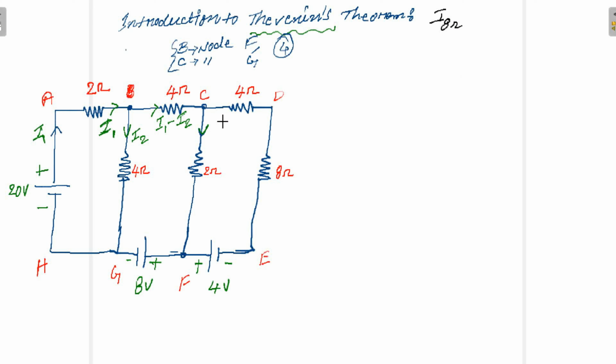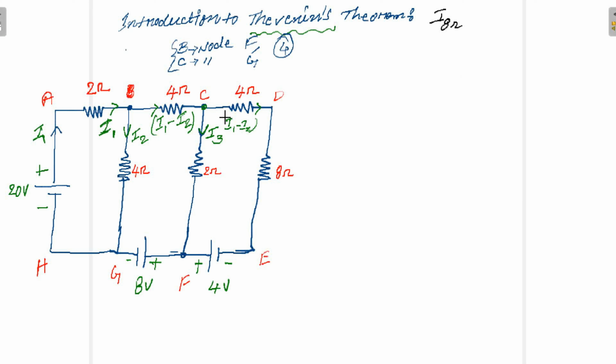You can consider I3 here also, no issue. So I1 minus I2 current is coming to this node, point C, and some I3 current flows through this 2 ohms. Then what amount of current flows through this 4 ohms?